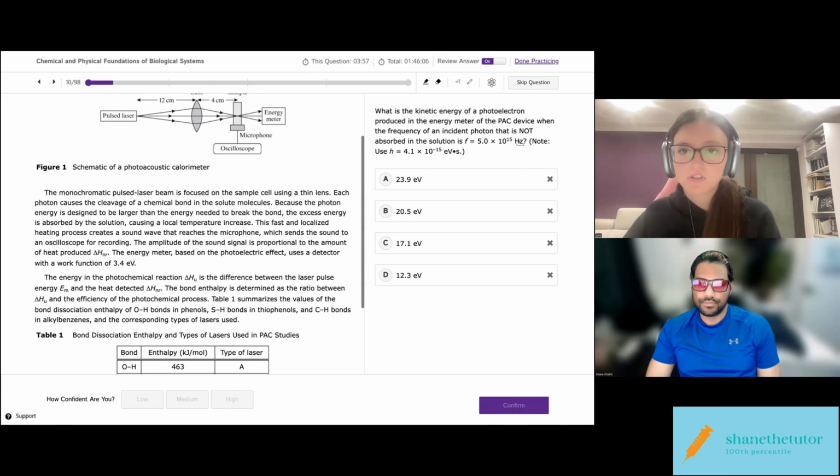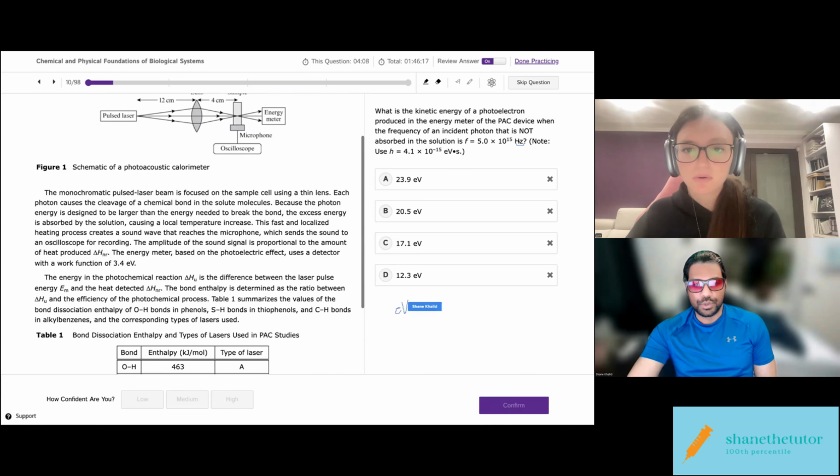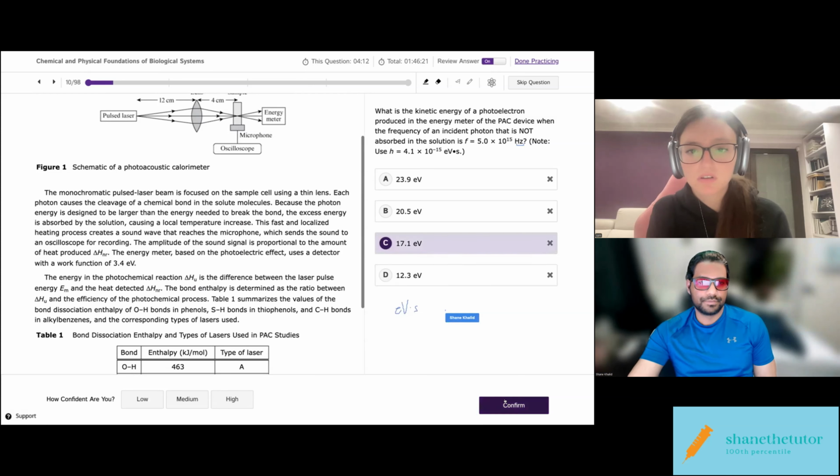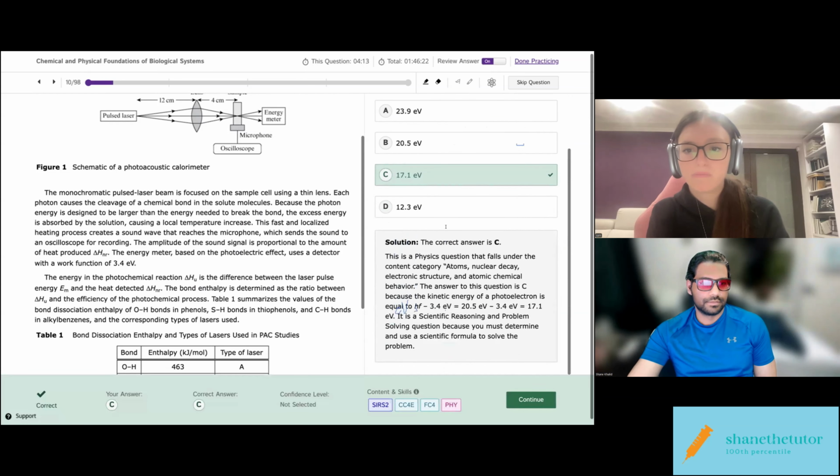So then the s comes out and you're left with 1 over eV, just eV. Oh, so they're both in the same units. So is it 17? Yep. Good job.